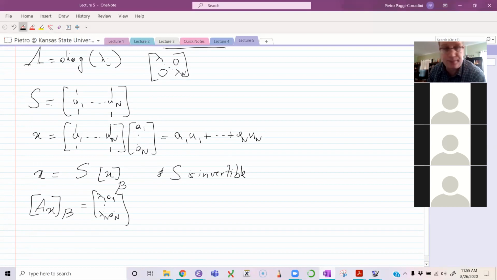From the point of view of these numbers, it's what happens when you take the matrix lambda and apply it to A1, AN. So it's lambda times the coordinates of X in the B basis.